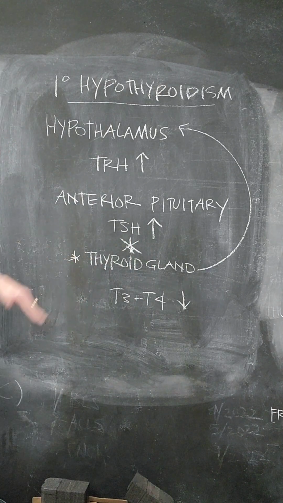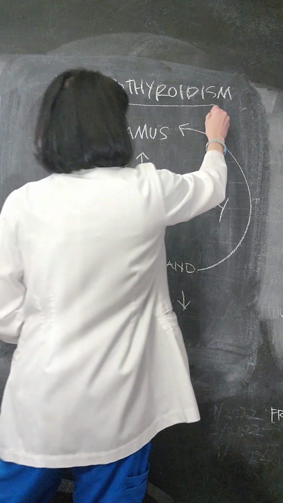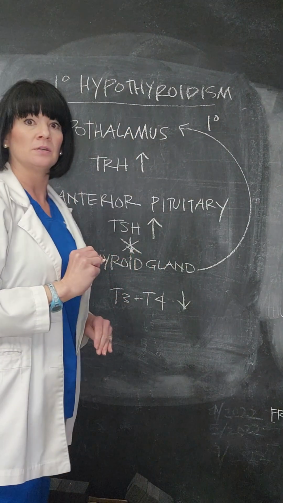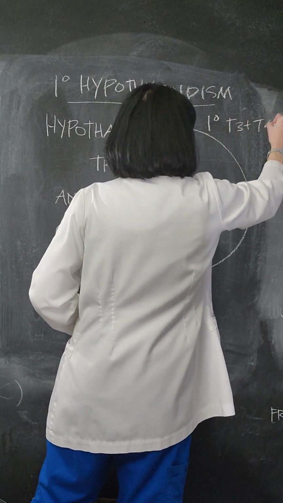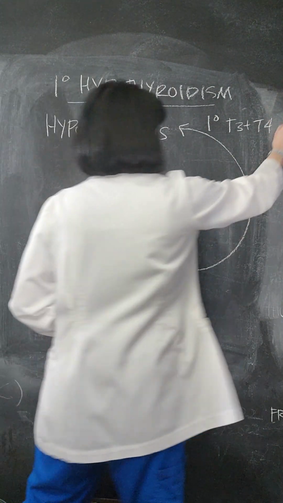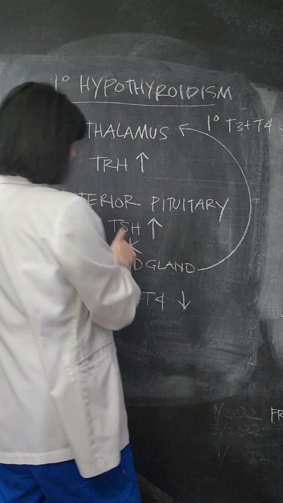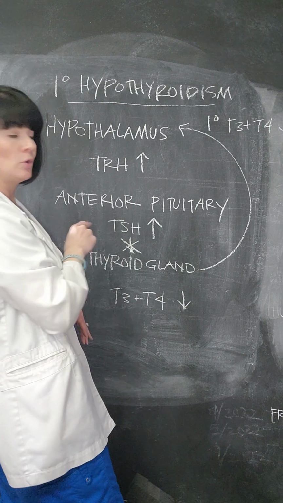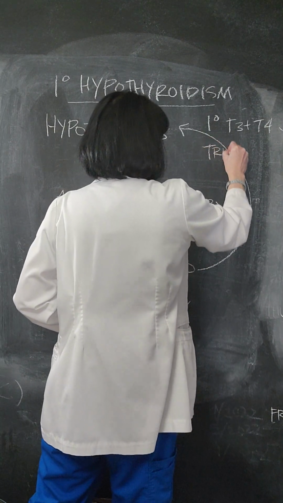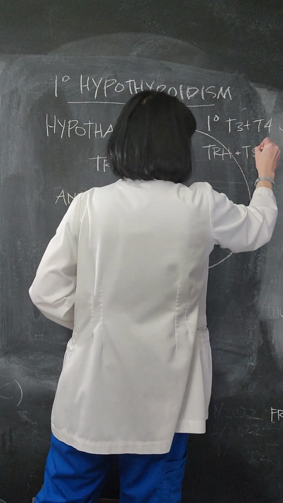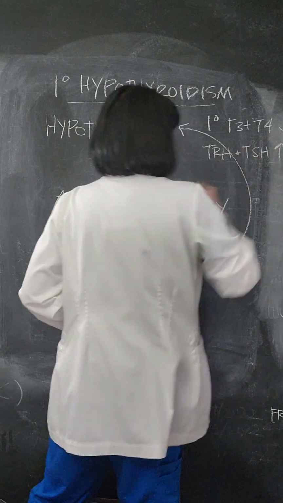In primary hypothyroidism, your T3 and T4 will be decreased. Your thyroid releasing hormone and your thyroid stimulating hormone, both TRH and TSH, will be increased.